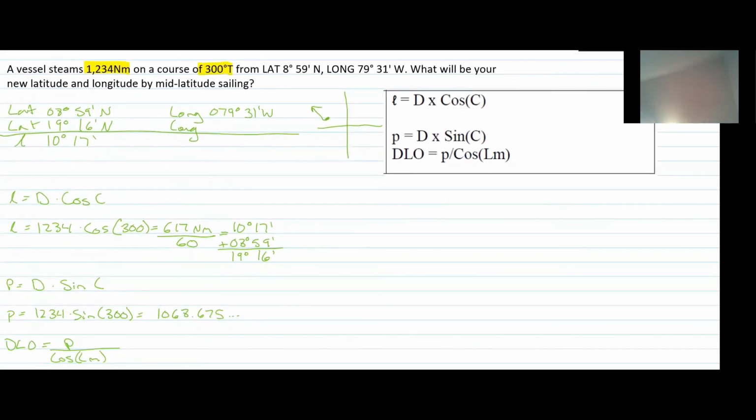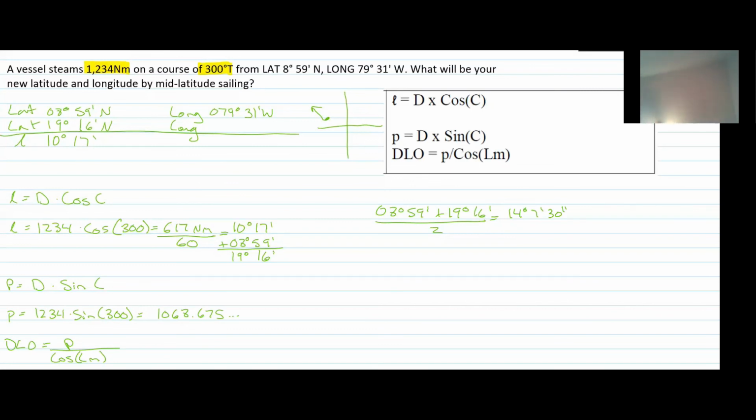And that is averaging 08 degrees 59 minutes and 19 degrees 16 minutes. So you'll add those two latitudes together and then divide them by 2. This will get you your middle latitude, which equals 14 degrees 7 minutes 30 seconds, and that is your final LM value.